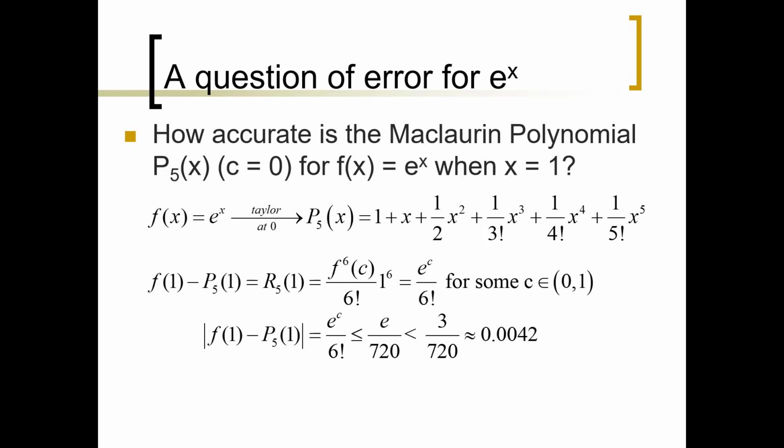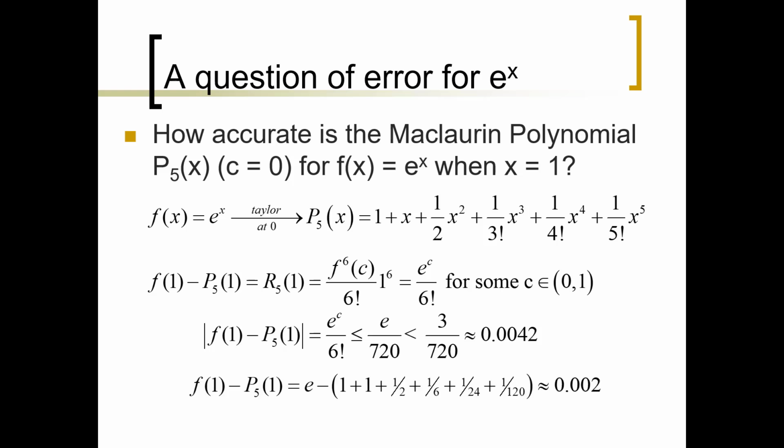So the largest that e to the c could ever be is just e. And since 6 factorial is 720, the overall difference between the function and our approximation at 1 will be no more than 3 divided by 720. That is 0.0042. So that's a pretty darn small error.